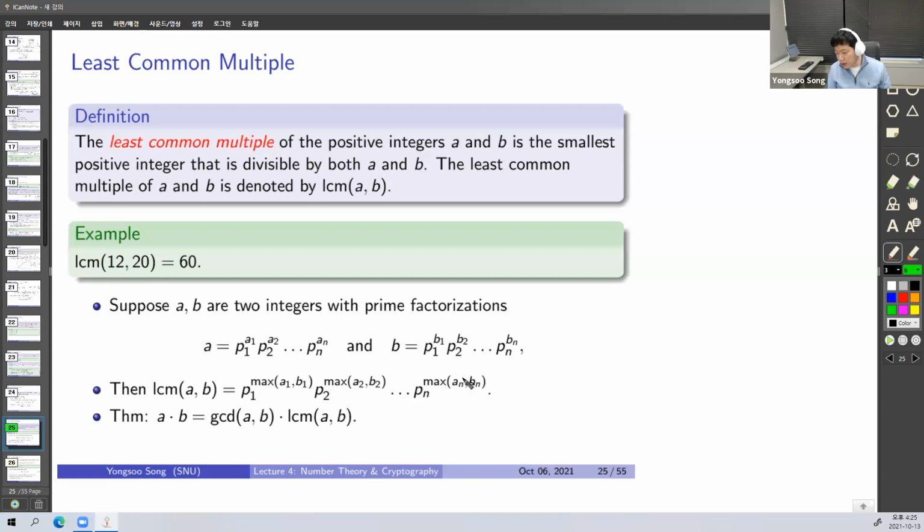And LCM, least common multiple, is 최소 공배수, and you can also compute the LCM using prime factorization. But I'll skip this slide because we'll mostly use GCD in this lecture.